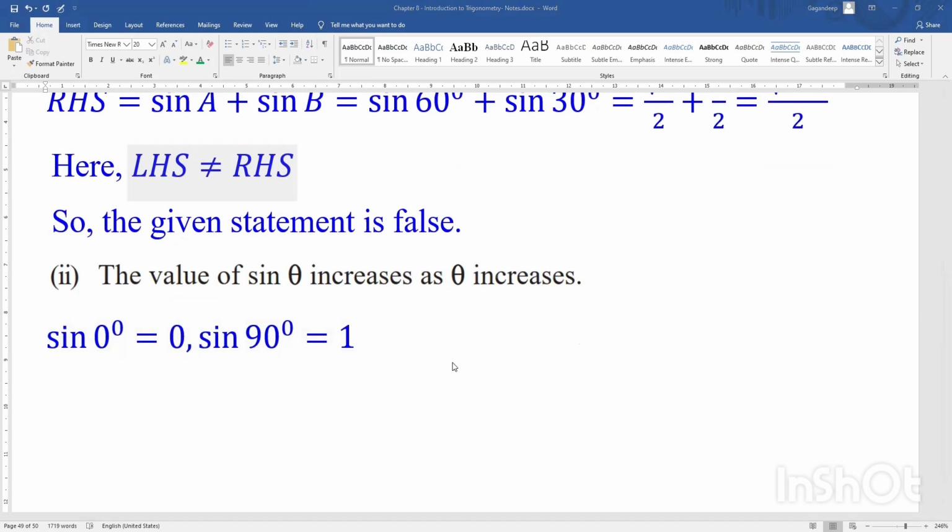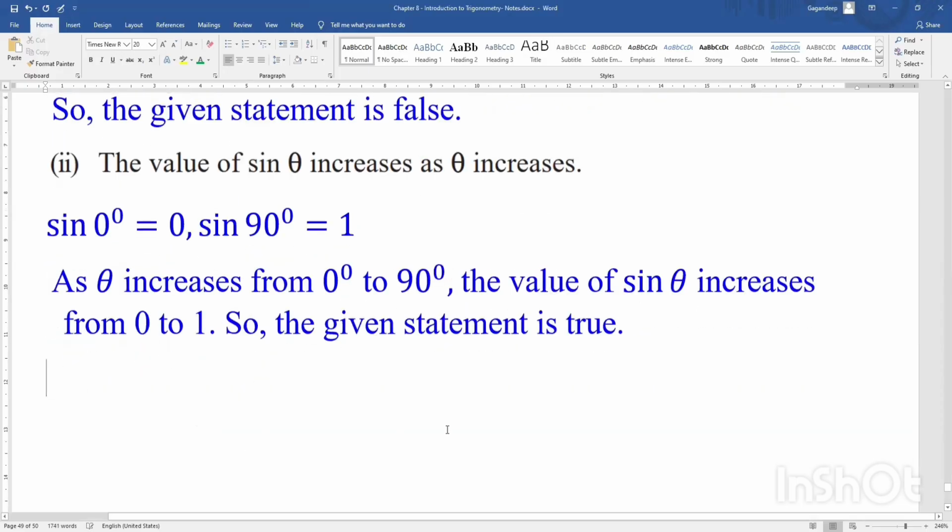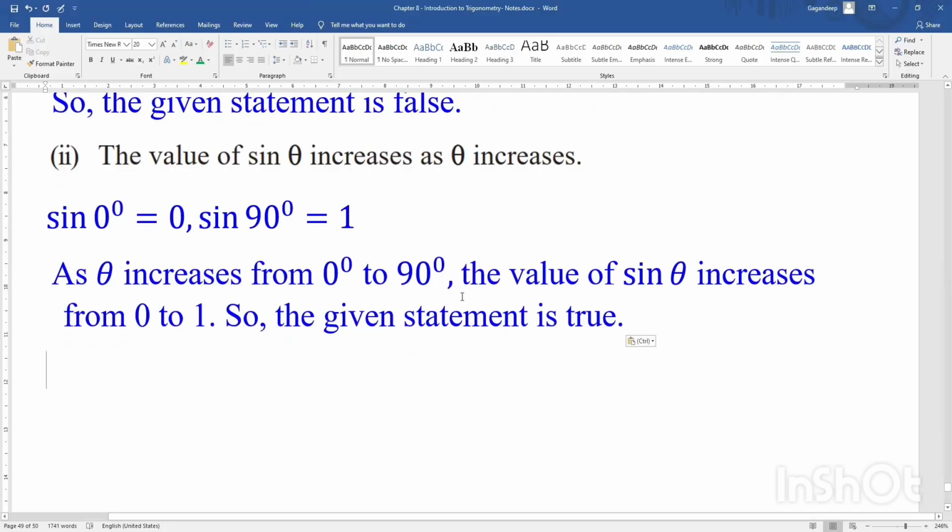So we can write the statement: as theta increases from 0 to 90, the value of sine theta increases from 0 to 1. So the given statement is true. Then I have the next question, the third one.